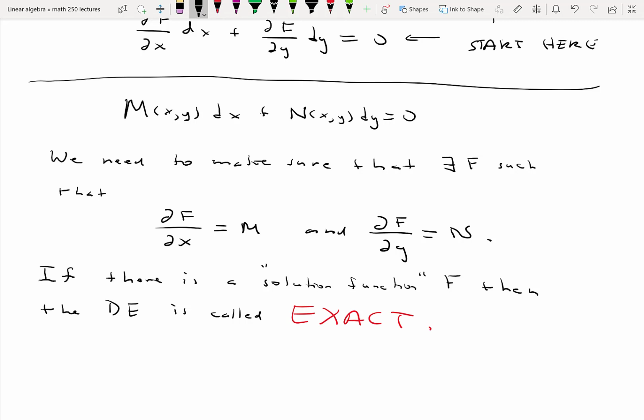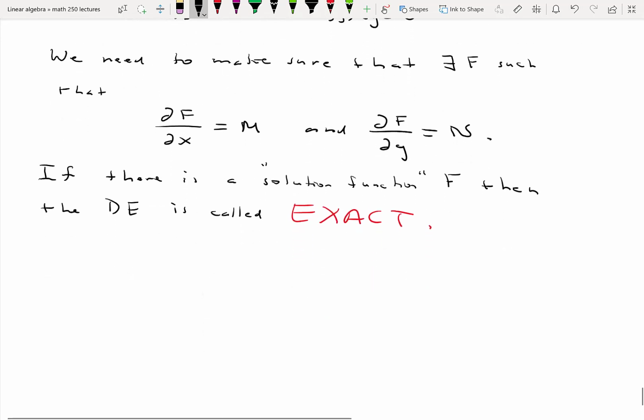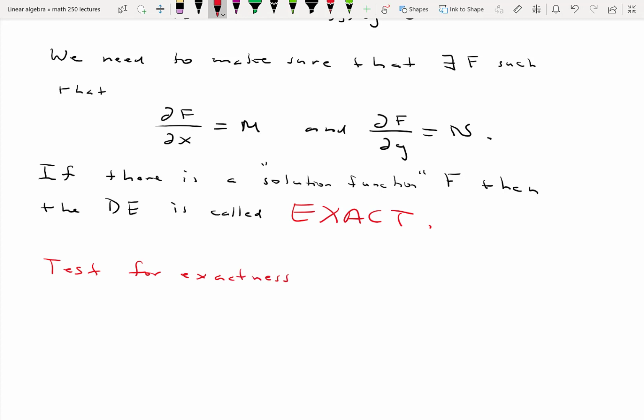If there doesn't, then it's not exact, and you can't use this method. So we need some sort of test for exactness. How are we going to be able to determine that there is such a function?